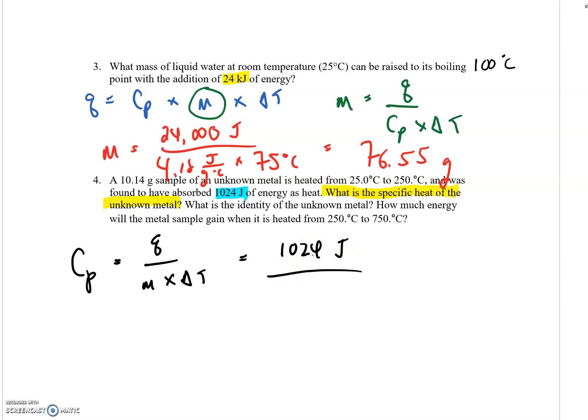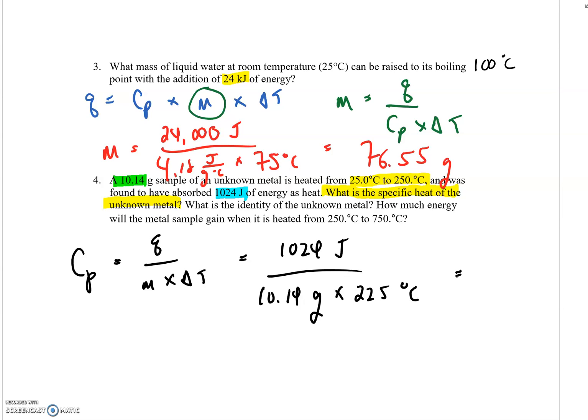We have a mass of 10.14 grams. And our temperature change is going from 25 to 250 degrees Celsius. So that's going to be a delta T of 225 degrees Celsius.